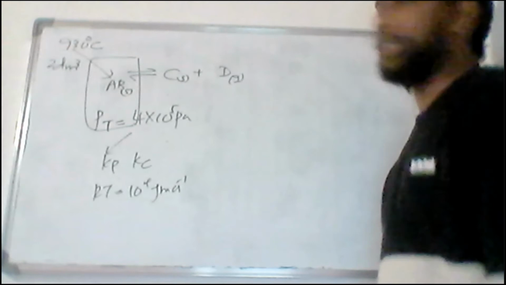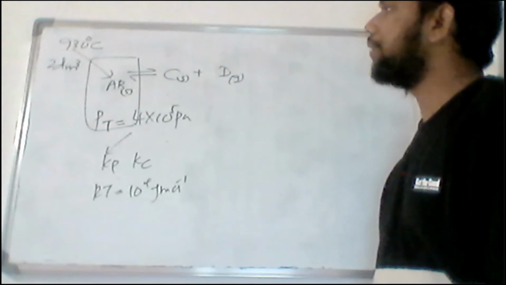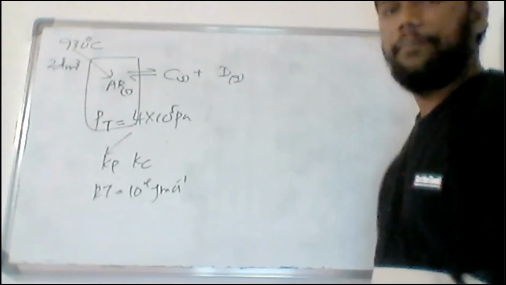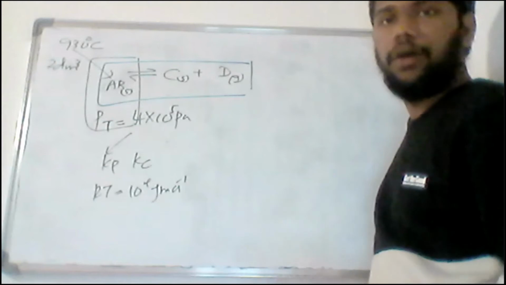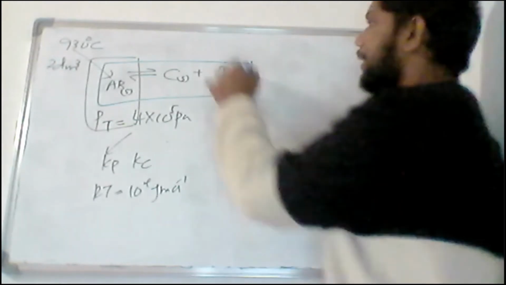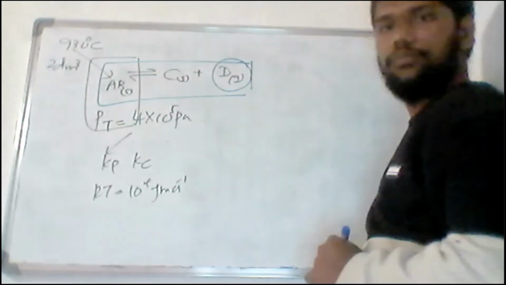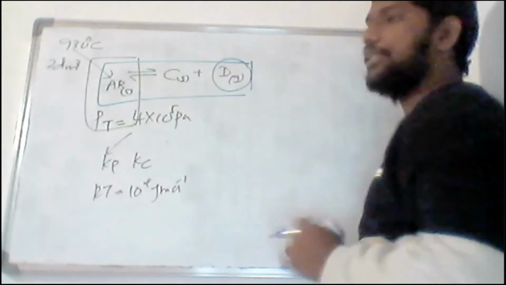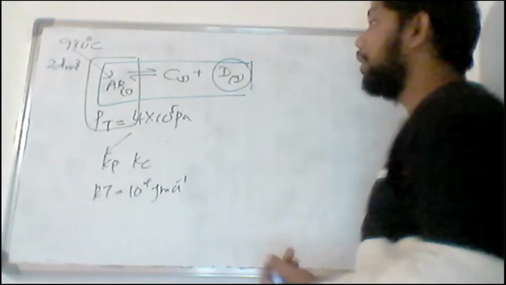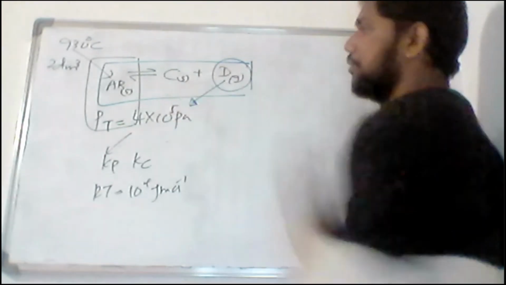One thing that you need to identify here, in this equilibrium, the only compound that is in the gaseous state is this one. So the entire pressure in the system is given only by this D gas.